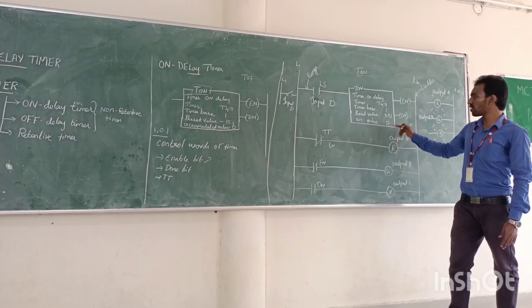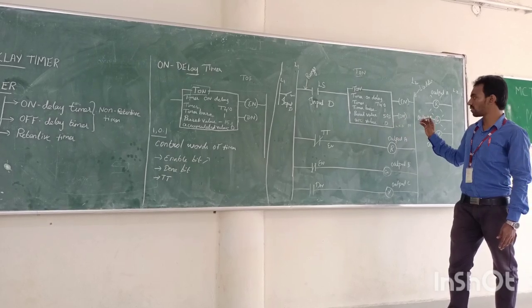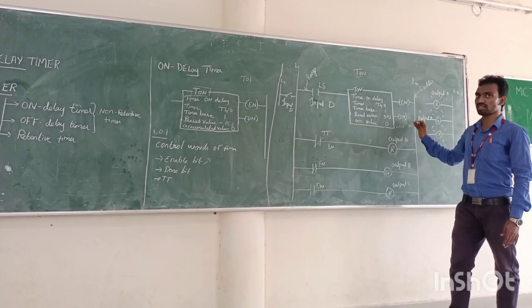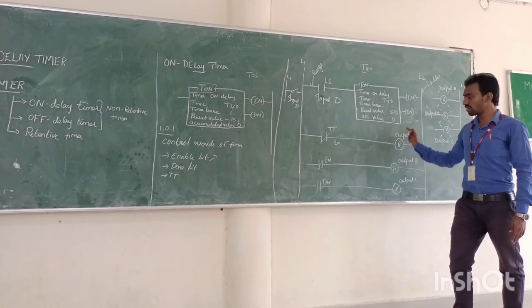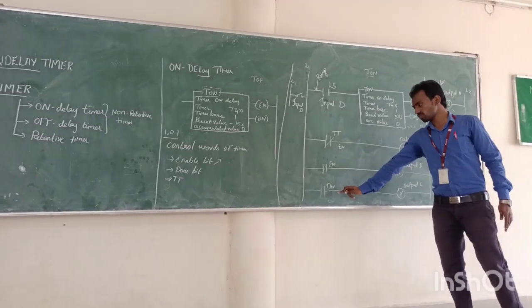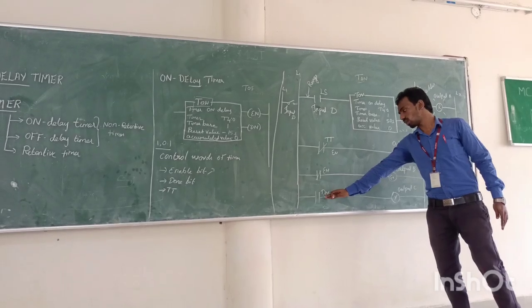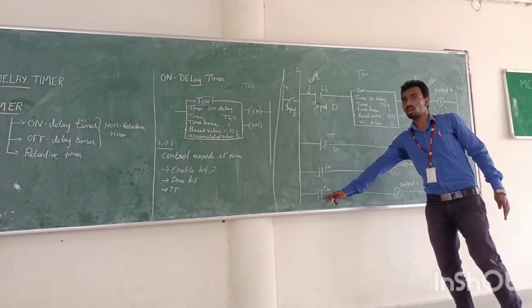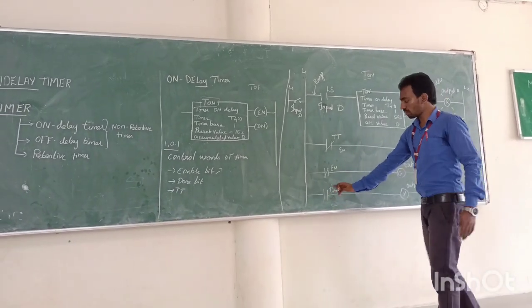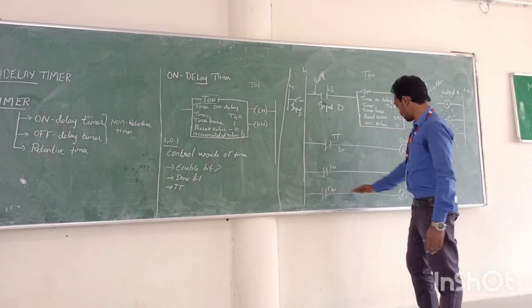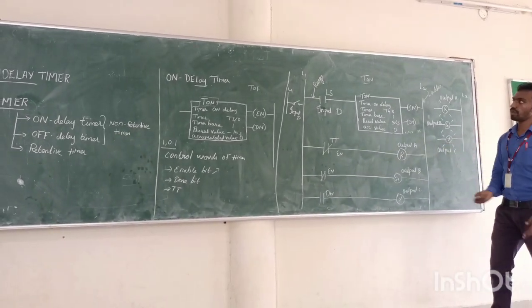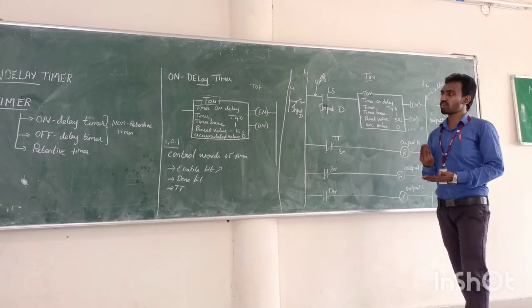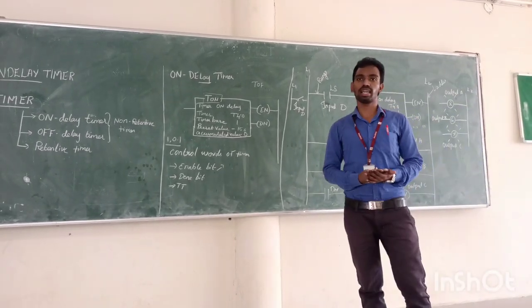The accumulated value counts 1 every second, and after the 50 seconds of delay period, the done bit is activated. The done bit gives information to the input device, so this open switch gets closed and the yellow light is turned on. So this is a basic simple program for understanding the on delay timer.